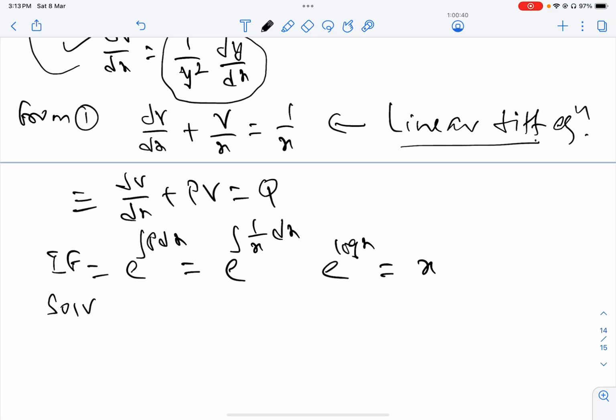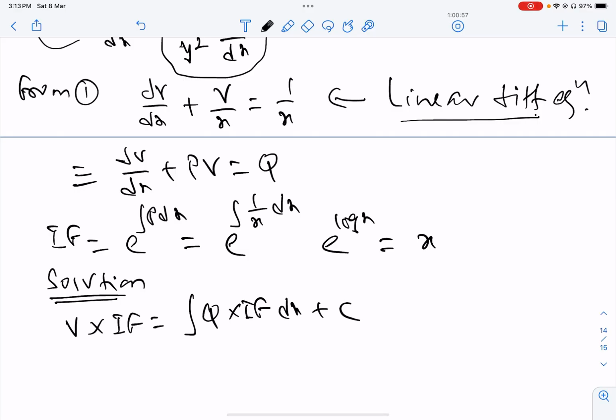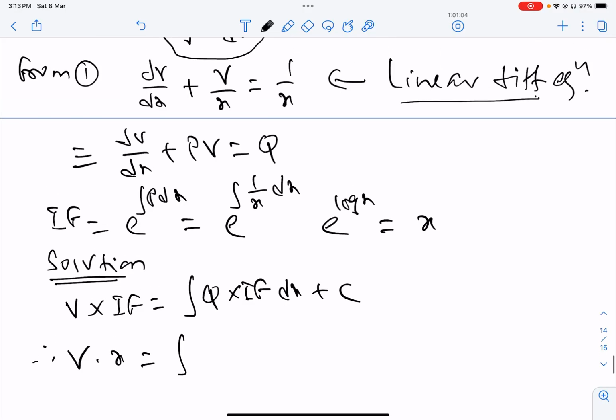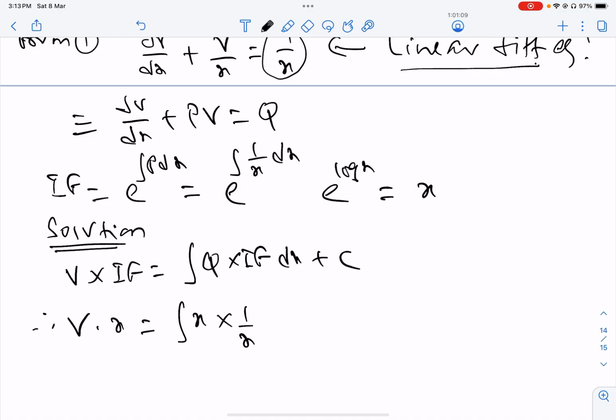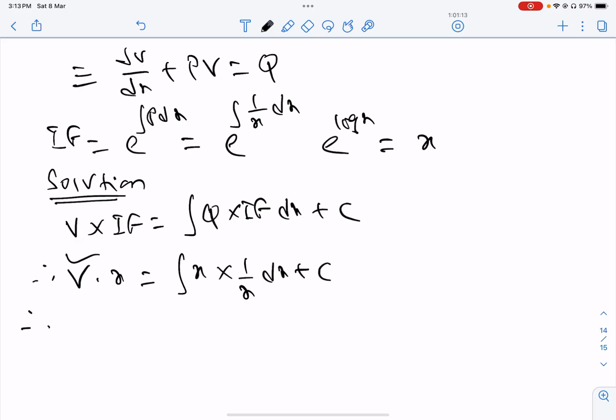What is the solution? Need to take care here. Here not y, but it is v. So v into integrating factor equals integration q into integrating factor dx plus c. So v into integrating factor x. What is q? Q is 1 upon x. So integrating factor x into 1 upon x dx plus c. But take the value of v.